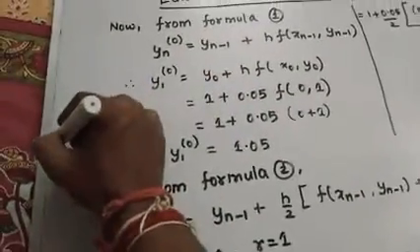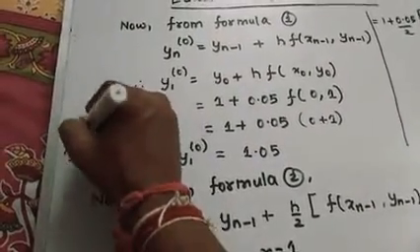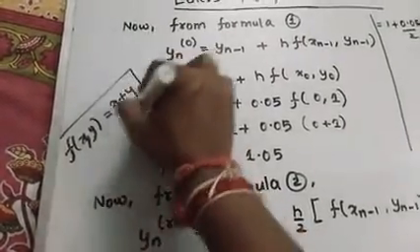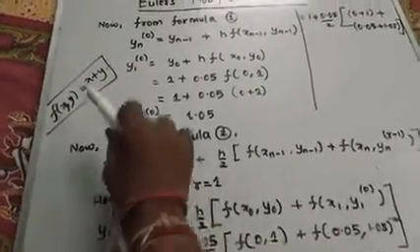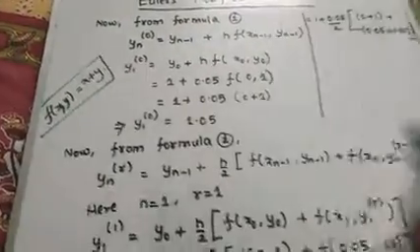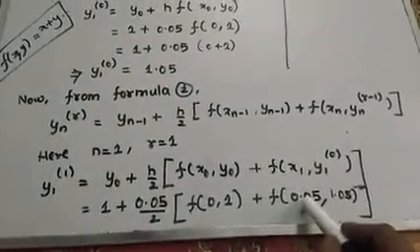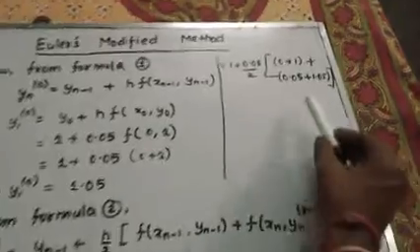Because we know that the given function f of x comma y here was x plus y. That's why. That means see 0 comma 1, that means 0 plus 1, plus f of 0.5 comma 1.5, that means their addition.